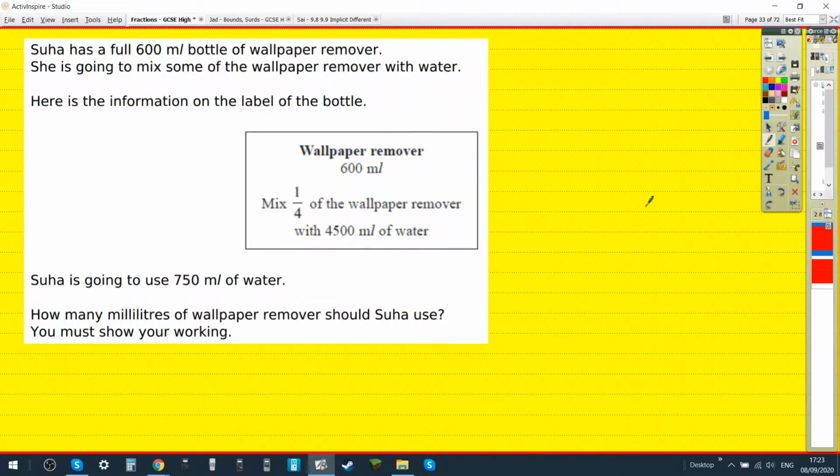One quarter of wallpaper remover. It only is 700. So she's using this. If she's doing less water, does that mean we have to do more wallpaper remover? If she was using more water, you'd need more wallpaper remover.